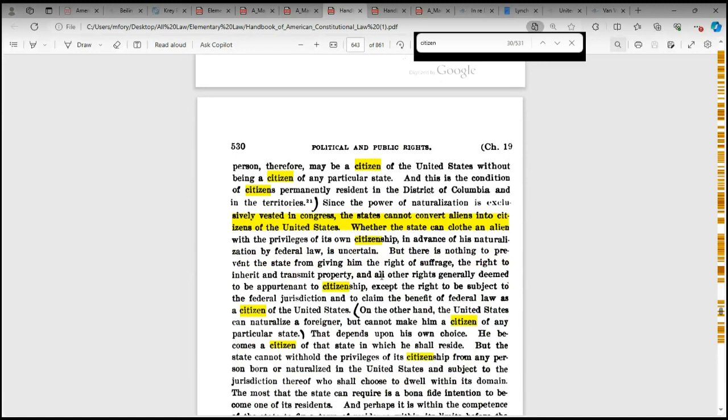A person, therefore, may be a citizen of the United States without being a citizen of the particular state. And this is the condition of citizens permanently resident in the District of Columbia and in the territories. What did they just say? Now, the Bill of Rights applies to the District of Columbia.